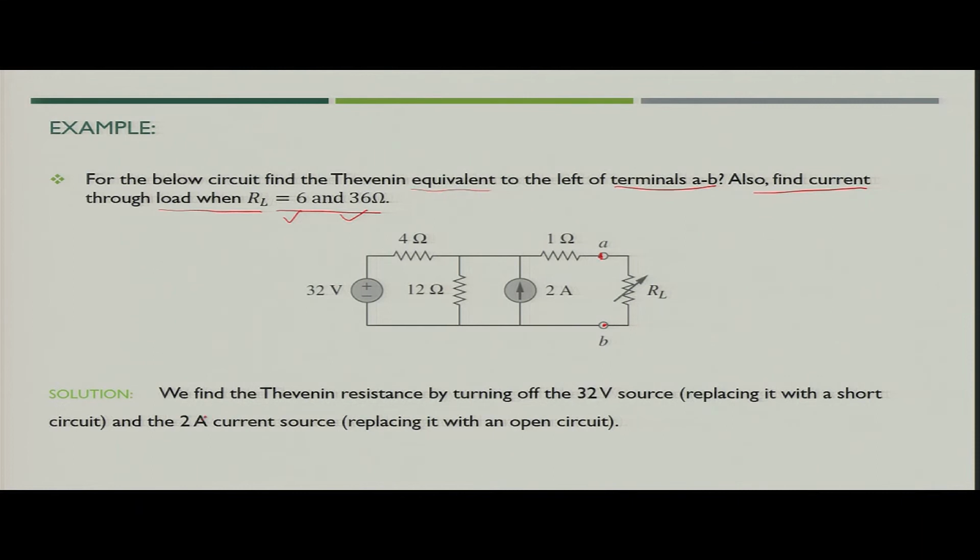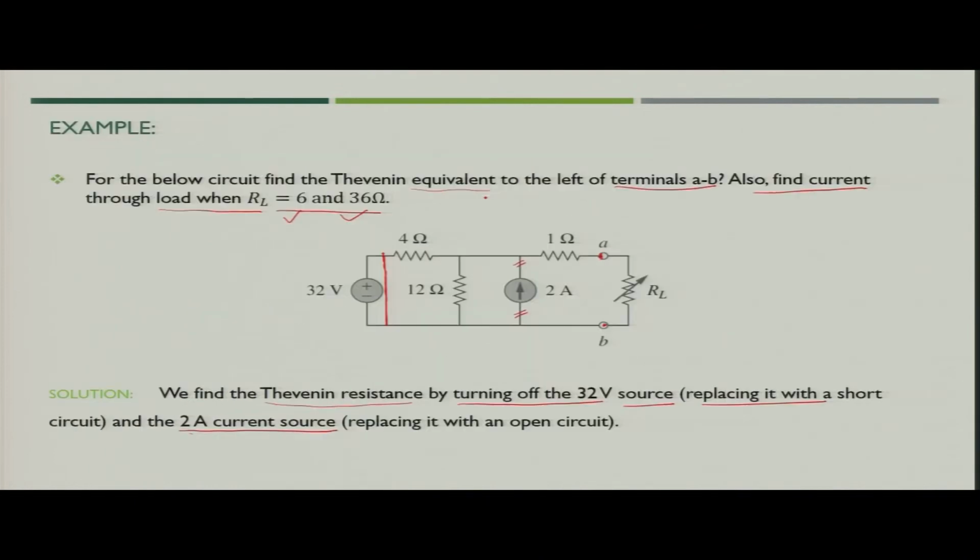Now, how will we do it? We find the Thevenin resistance by turning off the 32 volt source. When you turn off the voltage source, it will become short circuited, and we have another source, which is the 2 ampere current source. So, we will simply make it open circuit. What will be the updated circuit in that case?